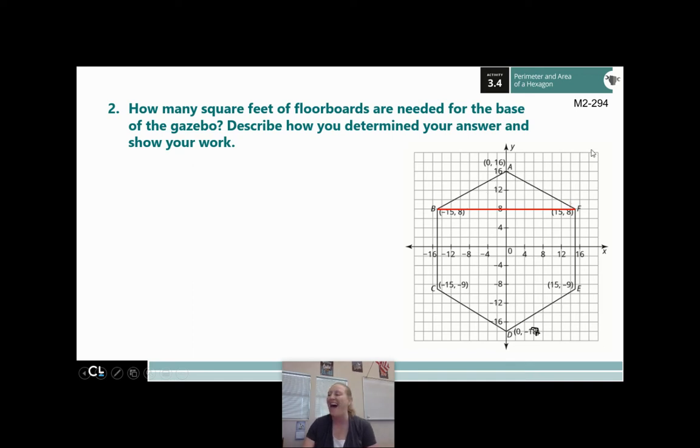The base of my triangle is 1, 2, 3, and so on, up to 30. So I got a base of 30. Sweet. I can even find the height of this triangle: 2, 4, 6, 8. I got the base and the height of my triangle.